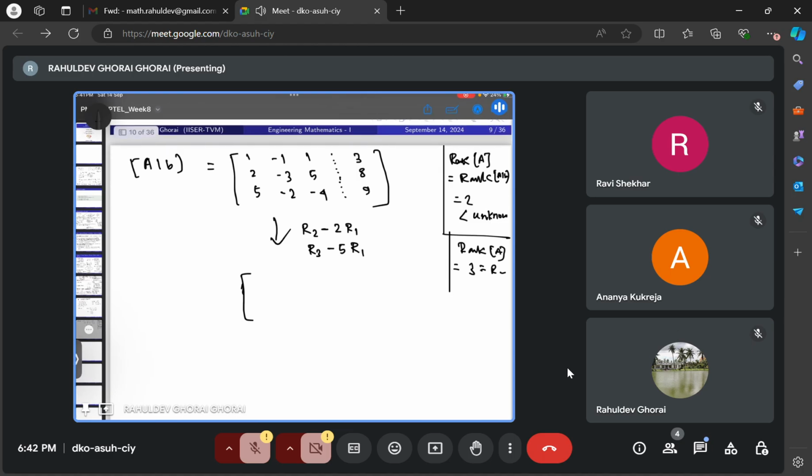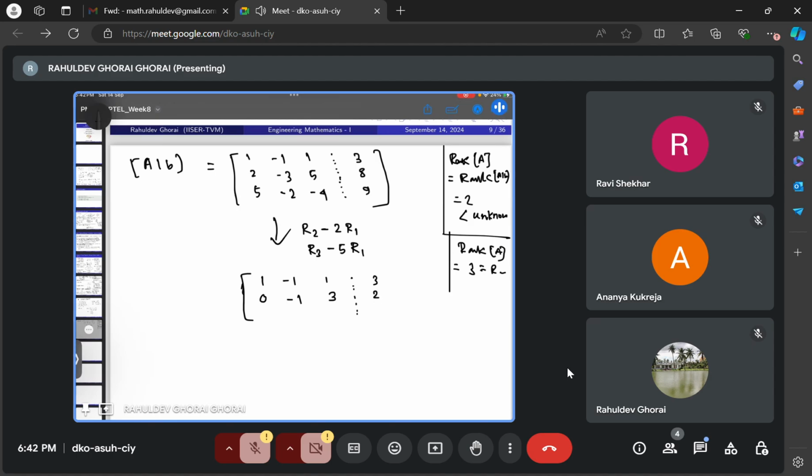If I do this, the first entries become 0, which is not a problem. I keep the first row, 1, -1, 1, 3, as it is, and the first entry of the next rows becomes 0. In the second row, 3 minus 2 is 1 and so on: the entries become -1, 3, and 8 minus 6 is 2.